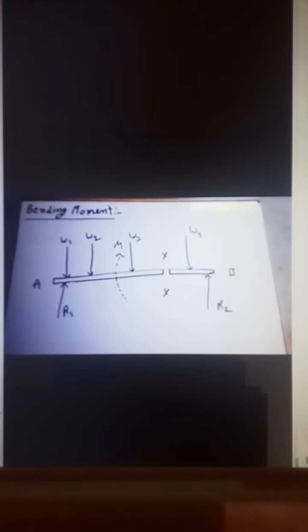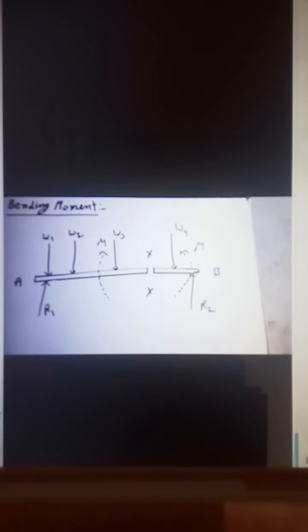Then for the equilibrium, the moment of the forces to the right of the XX section must be M, counterclockwise. That is to say, to balance this moment we will have a moment M on the right section.